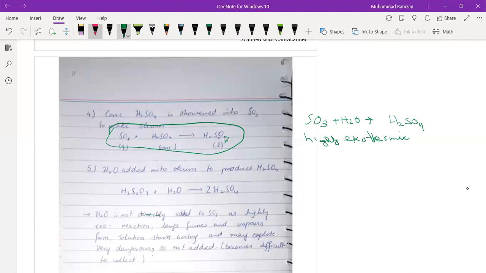That's why it is not recommended to react SO3 with water. So this is the justification. H2O is not added into SO3 as it is a highly exothermic reaction.